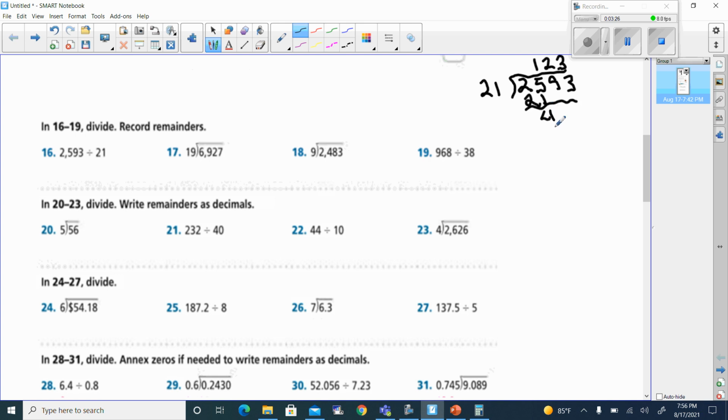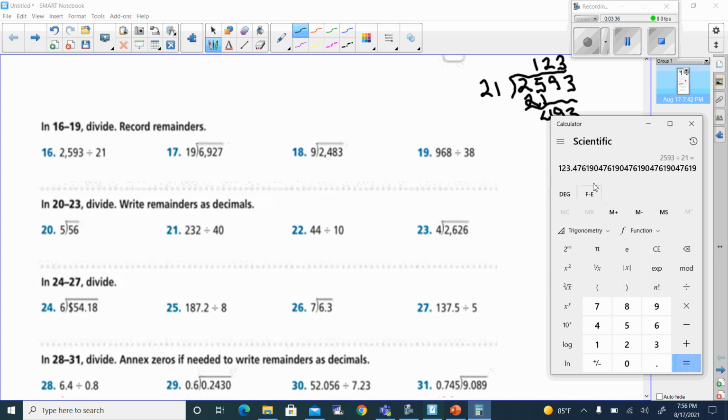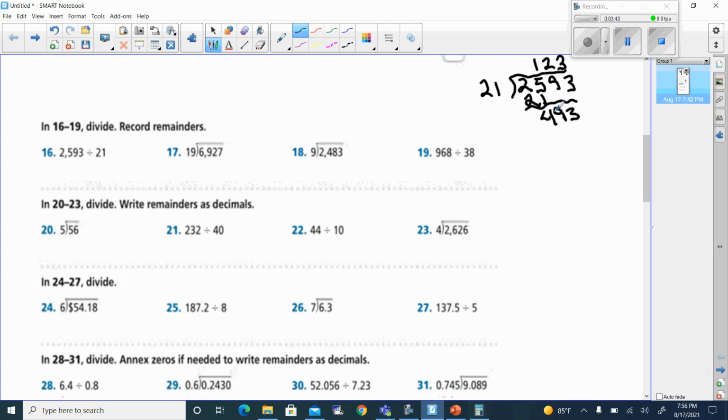That's going to leave us 493. And the reason I'm continuing this is because you've seen how long this answer was. I'm not going to put an answer in there that goes on forever. So I'm going to find the fraction of this. It says record the remainder, which means they want to know what's left over. So we have to be able to write that. And it's not going to be that decimal, because that's in hundreds, thousands.